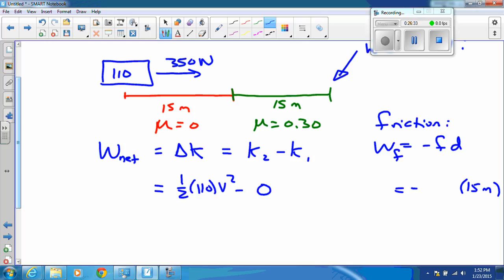Some things need labeling. I was going to say that if you look at the equation for friction, you see exactly what happens. The first 15 meters has no friction, and then the second is F D cosine theta. So you add both of them together.